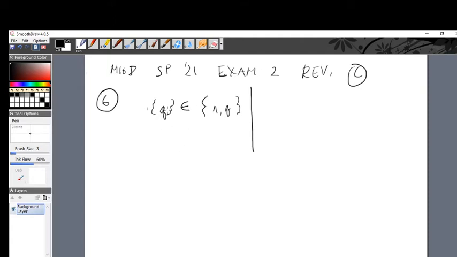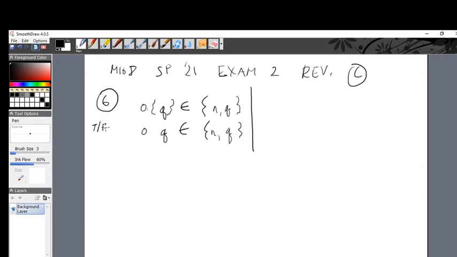This is statement number 1. Statement number 2 has a button next to each. Statement number 2 is the Q without the brackets, same symbol, and it's got the N and the same exact thing over here, the set NQ. Which one of these is true, and which one is false?